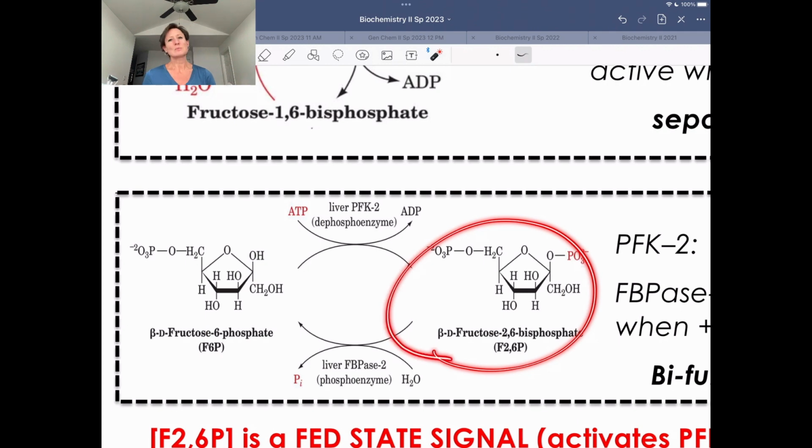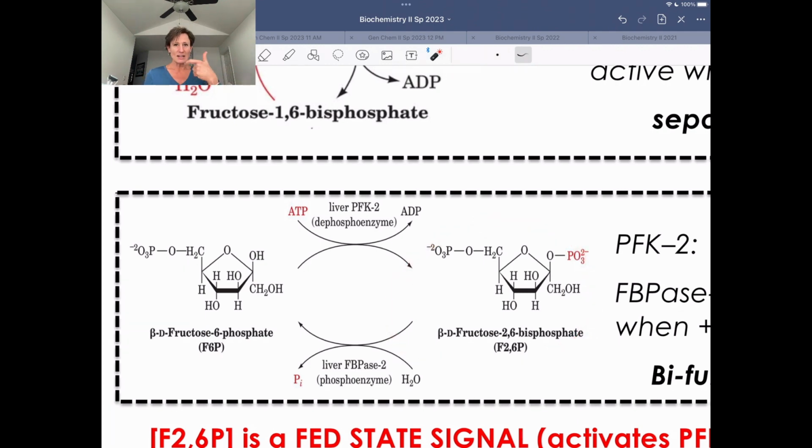Remember, F26P is a fed state signal. It's going to upregulate glycolysis. All of that we'd expect to be happening in a dephospho system. So that's all consistent. But we just happen to need a kinase to make the molecule that is our fed state signal. So that's where a little bit of the disconnect comes in. So not surprising, it's consistent with what we'd expect.